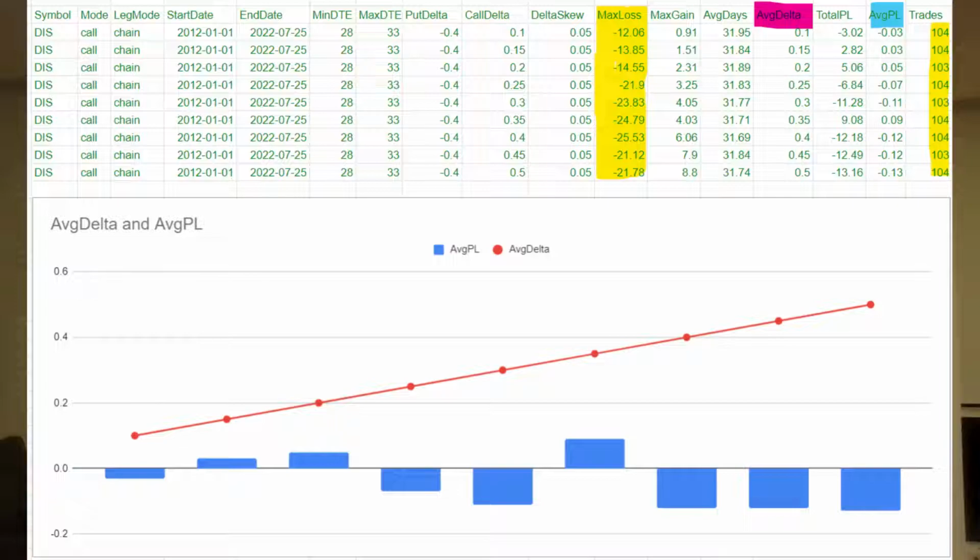I've charted the profit loss in the blue bars and the rising delta in the red line, and I've also highlighted the column headers up there. It's in chain mode, so you can see each backtest only did 104 trades. If we'd done this in dense mode, we'd probably have way more trades, like 15 to 20 times as many trades.